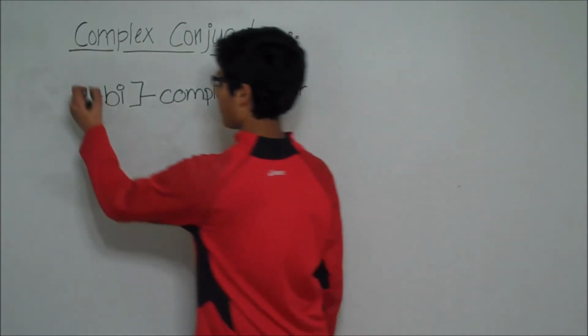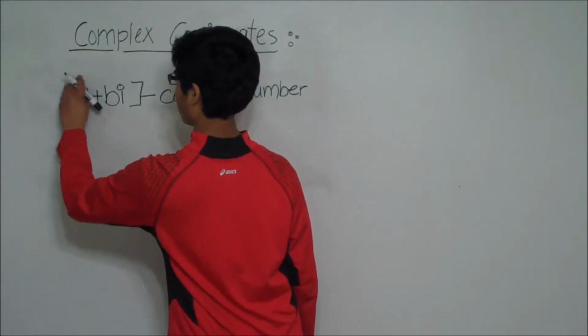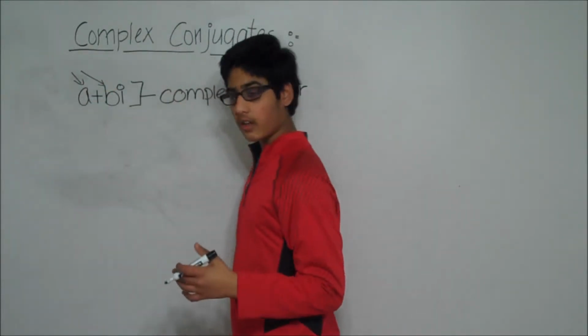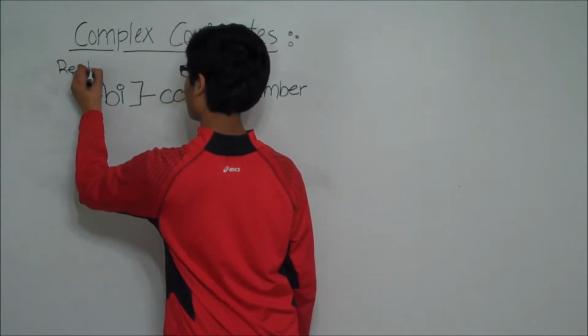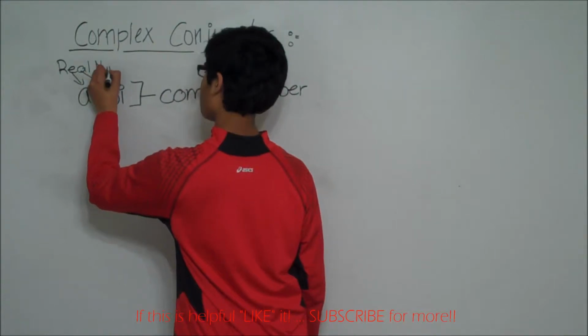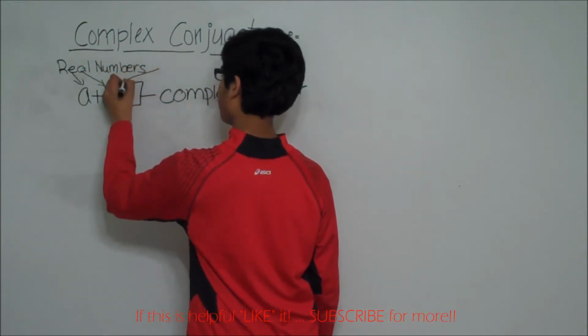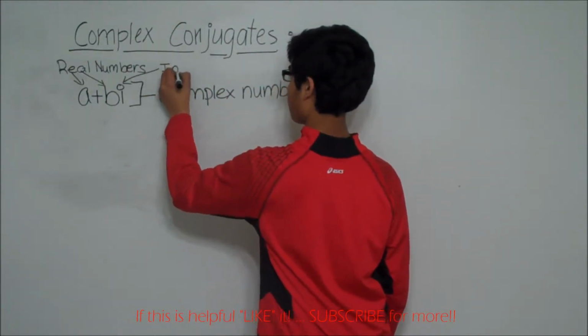Here, a and b are both real numbers, and i is an imaginary number.